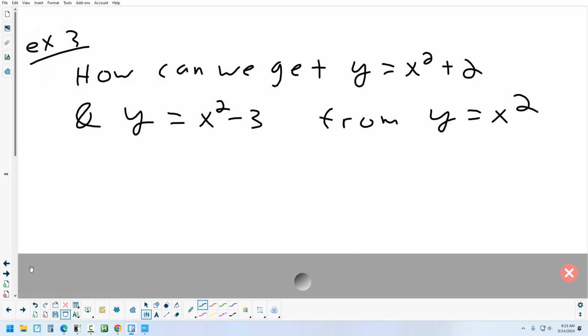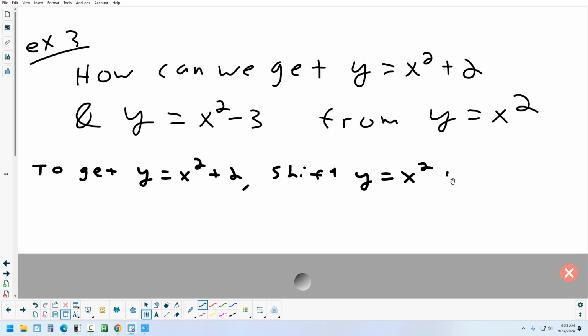So let's answer that. To get y equals x squared plus 2, we would shift, that's the word you use, it's called a shift, y equals x squared up 2. Take the original and move it up 2, and then you'd have the first one.